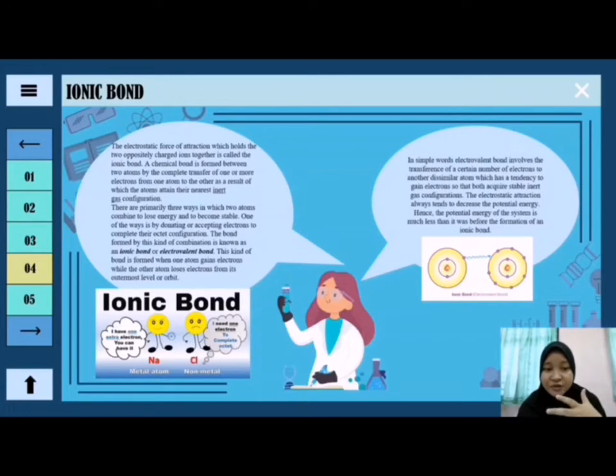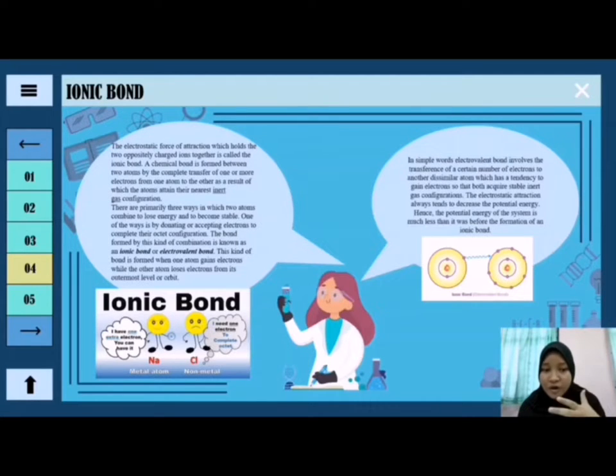There are primarily three ways in which two atoms combine to lose energy and to become stable. One of the ways is by donating or accepting electrons to complete their octet configuration. The bond formed by this kind of combination is known as an ionic bond or electrovalent bond.